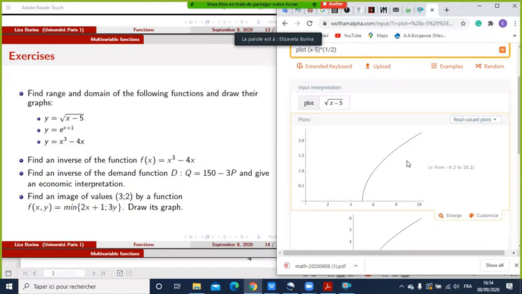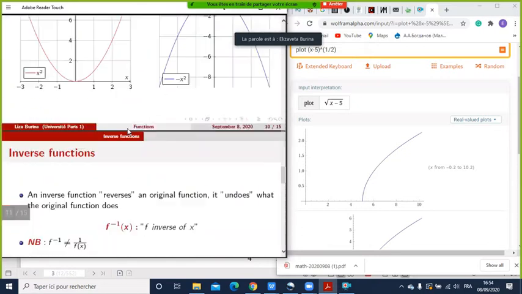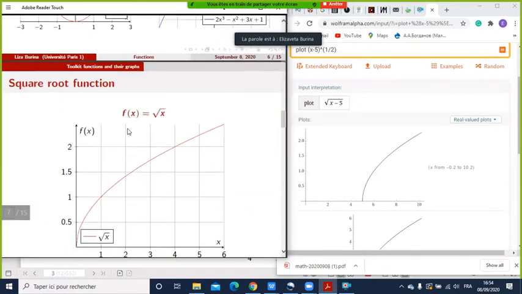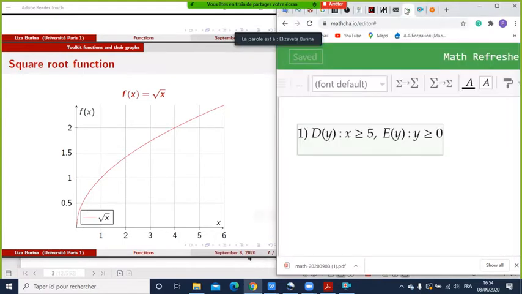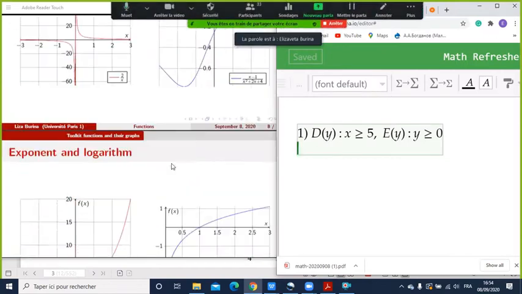That was the first, and to plot it, here is the plot. Now something that is helpful while plotting. If you plotted dot by dot, it's okay. If you didn't plot it, it's also okay. Here you see that it's a normal square root, so it has exactly the same shape as I showed here. It just starts not with 0 but with 5. So that's a little trick for plotting.